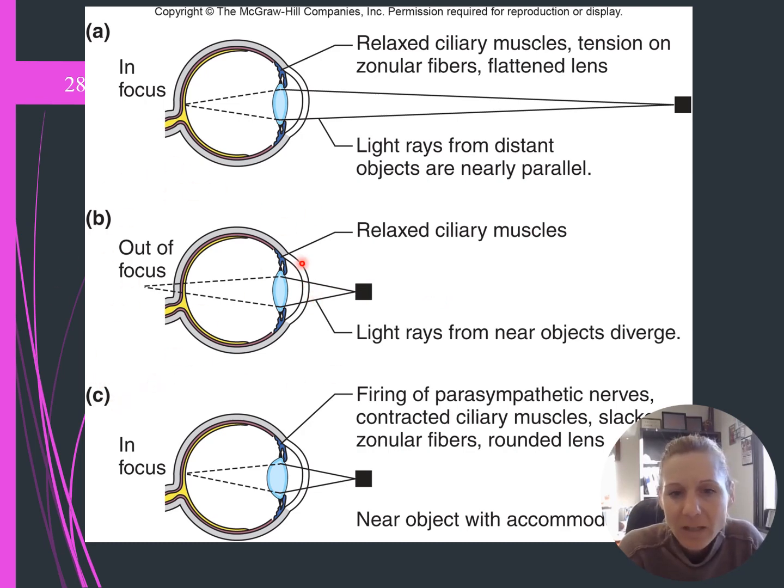And so again, we need to fire those muscles in order for us to manipulate that lens. So we're going to fire parasympathetic nerves and contract those ciliary muscles, which is going to allow us to get that object into focus through the contraction of the ciliary muscles.